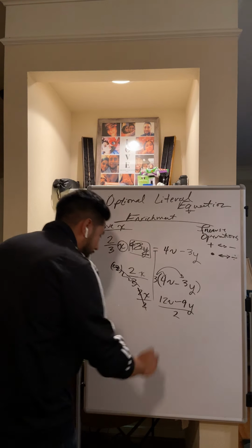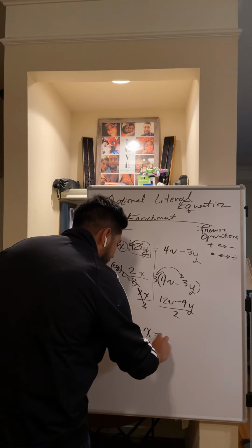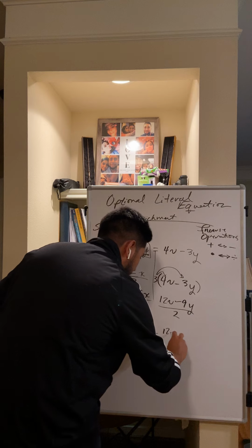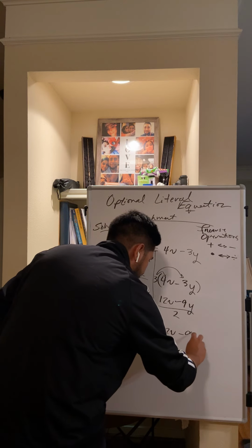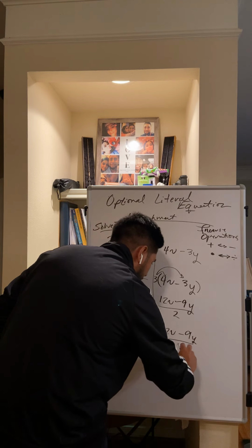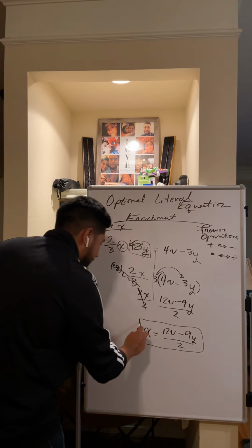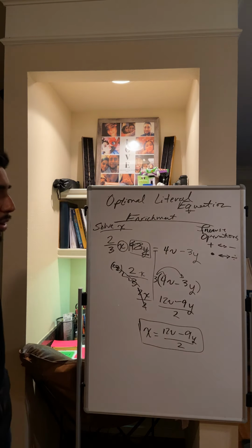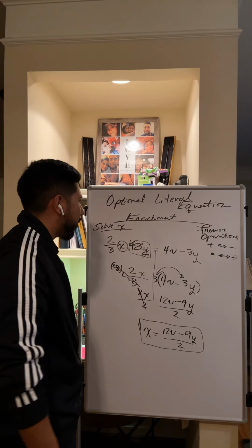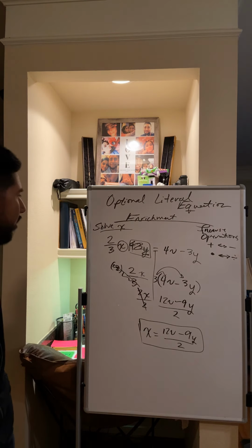Cross that out. Now I got x equals 12v minus 9y over 2. I'm going to leave this answer like this. It's not complete, but it's close enough. I don't want to make it overly complicated for my all-stars that are watching this video.